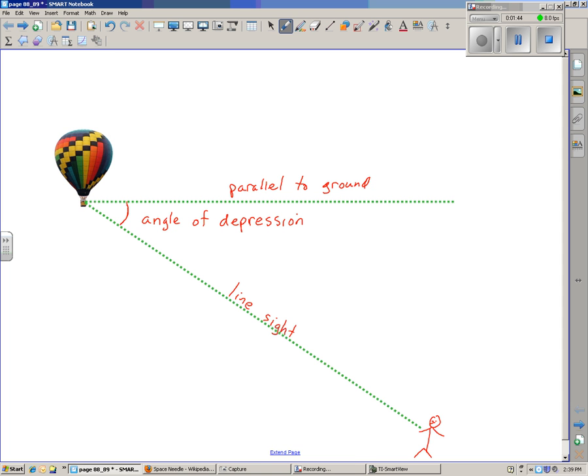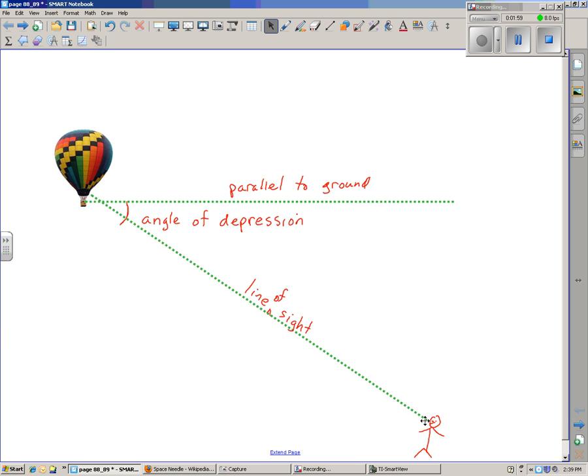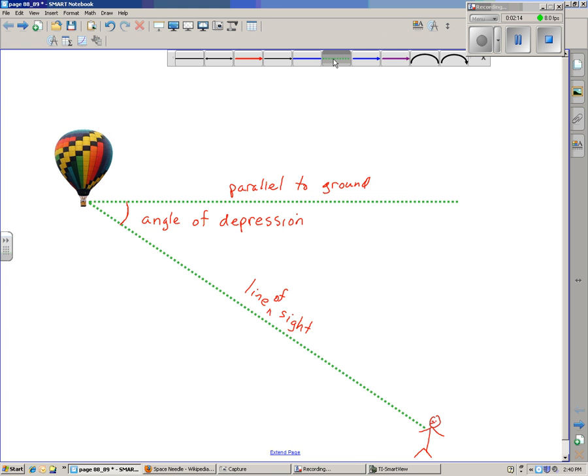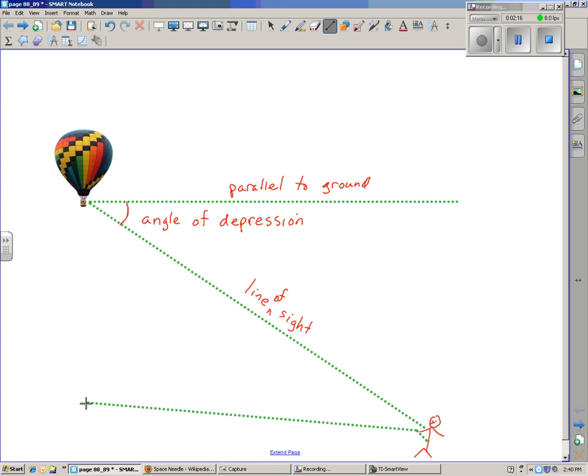Now, if this person is looking up at you, let me make this line of sight. That's supposed to be the line of sight. If this person is looking up at you, you can also draw a line that is parallel to the ground, so a horizontal line.